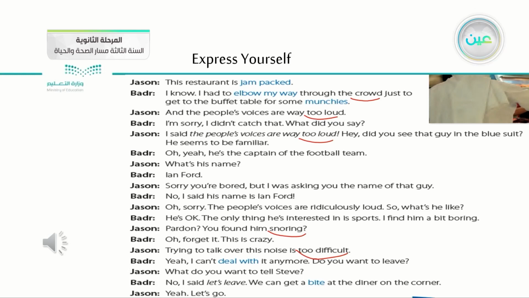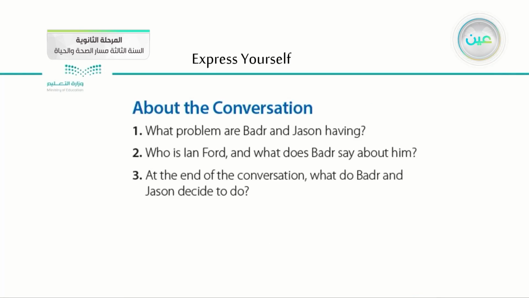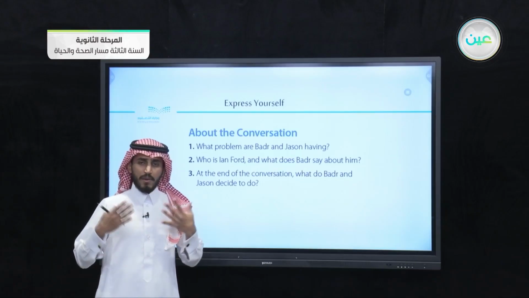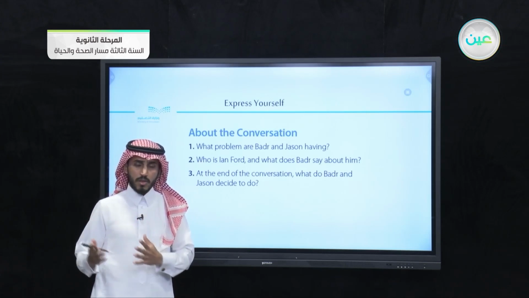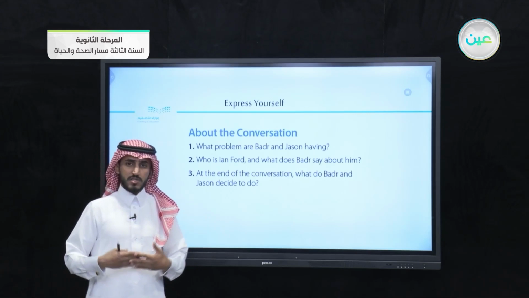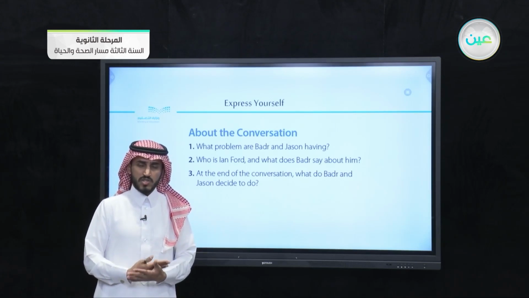After we have listened to this conversation, I think now you are ready to answer some of the questions about this conversation. Number one, what problem are Badr and Jason having? We have talked before about the proper way of answering the questions or the post-reading questions.